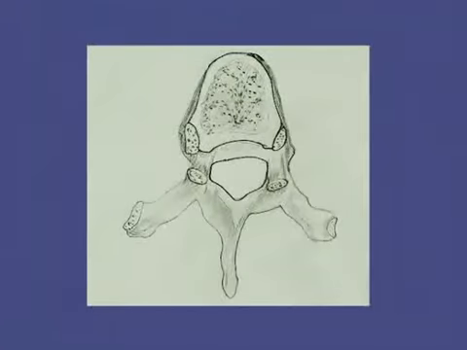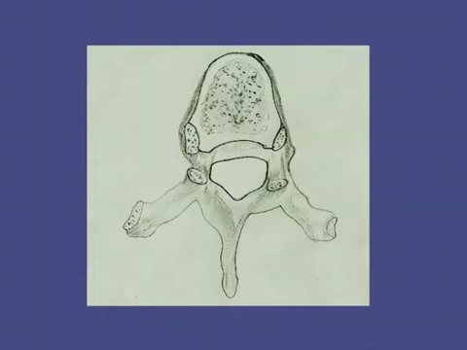Now we will go through the structure of a typical thoracic vertebra. Unlike the cervical region, a typical thoracic vertebra has equal anteroposterior and transverse diameters. It has a wedge shape, that is, the posterior height is more than the anterior height.